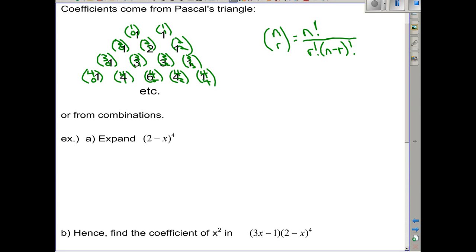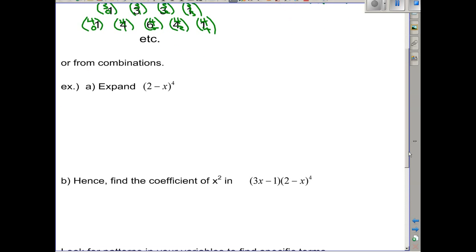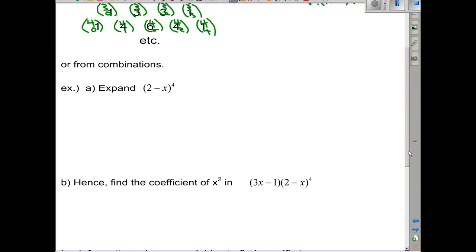All right, so if we want to expand 2 minus x to the 4th, here's how I do it if I were going to actually write down the combinations that are going to be used. It's to the power of 4, so I'm going to need 4C0 as my first coefficient. I'm going to take the first term in the binomial and raise it to that highest power of 4.